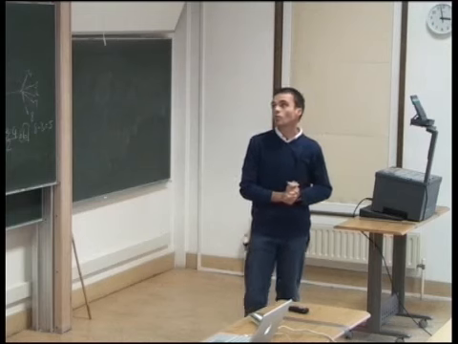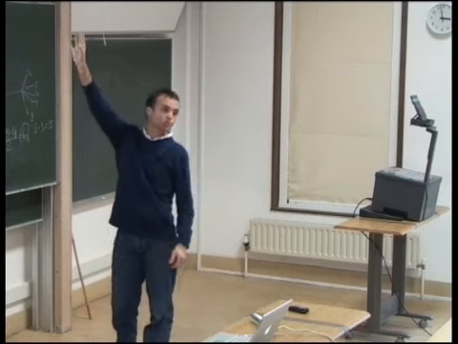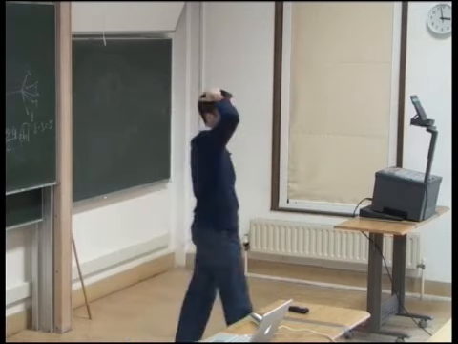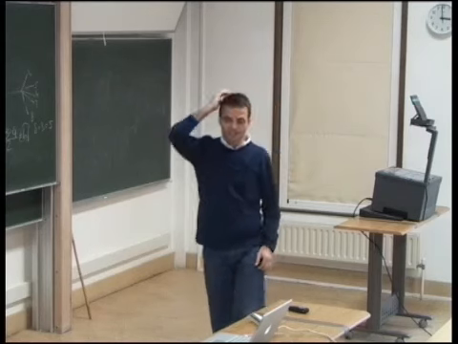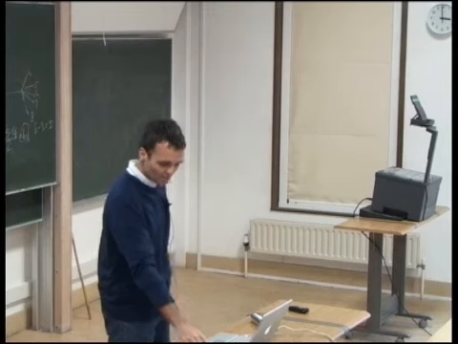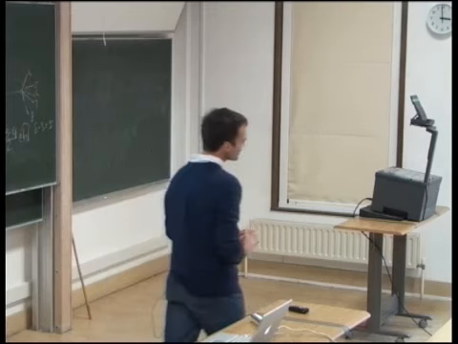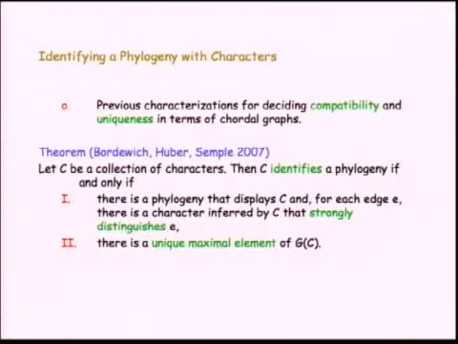Well, you can also do the uniqueness in terms of chordal graphs as well. You can have a uniqueness characterisation. And you can do an identify one as well, but you don't need to read it. It's not particularly attractive, but it's very similar to the uniqueness one. For an if and only if, first of all, you need some phylogeny that displays the original set, plus there's some notion of distinguishing.